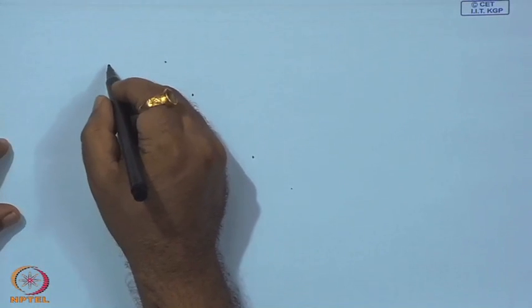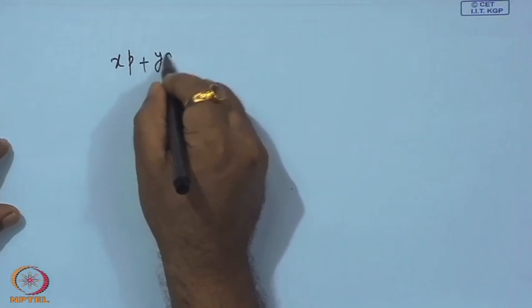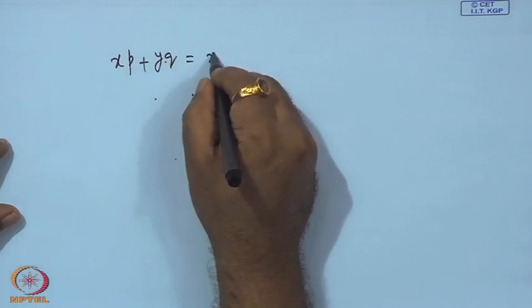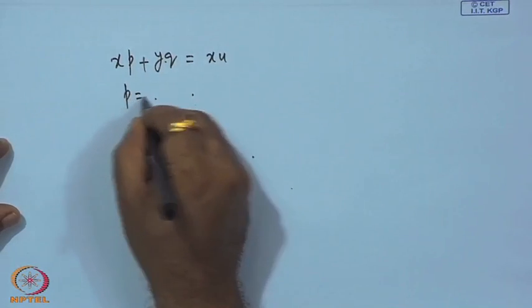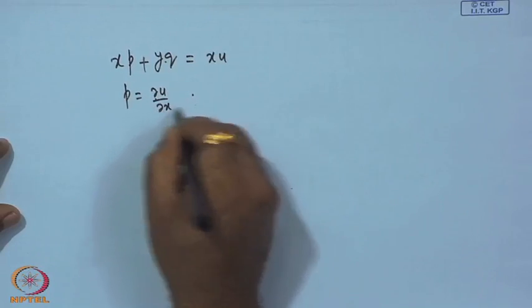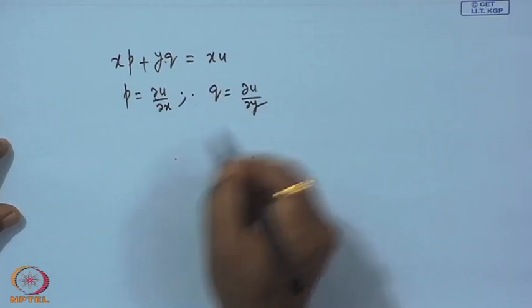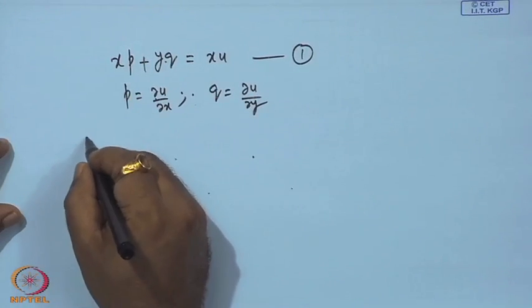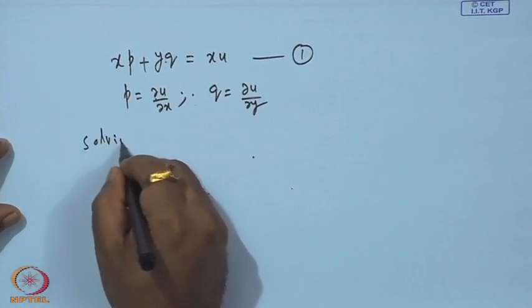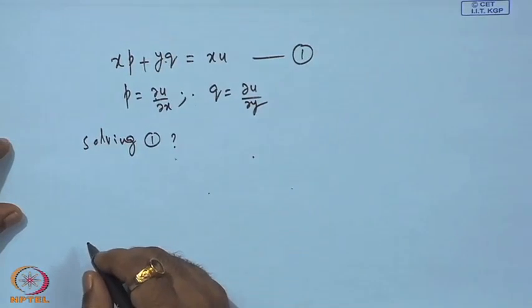So, as I mentioned, suppose you consider something like that. So, what is our notation? What do you mean by solving 1?